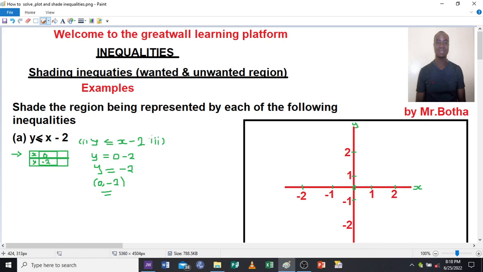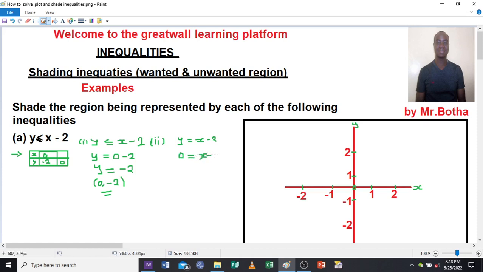In this second column, we are going to assume a value for y. If y is 0, what is going to be x? Let's solve. This time we are going to substitute, so we can use the equal sign there, and we have x minus 2. Now we assume the value of y this time to be 0. What will be the value of x if y is 0?